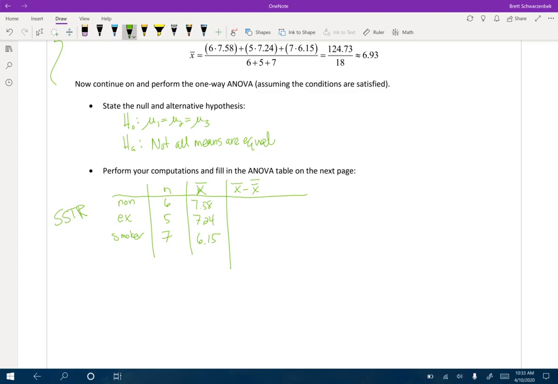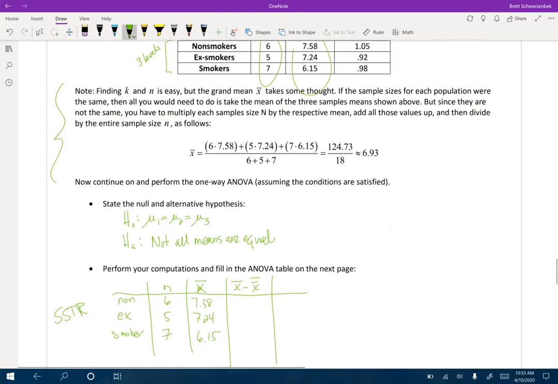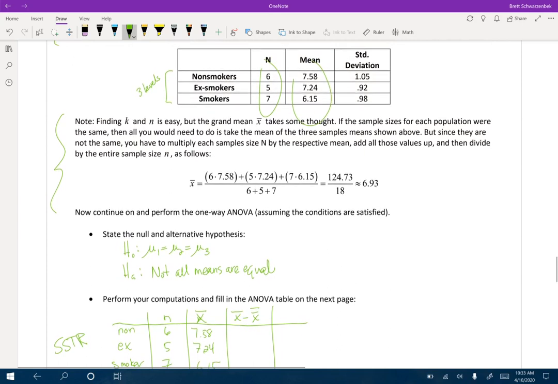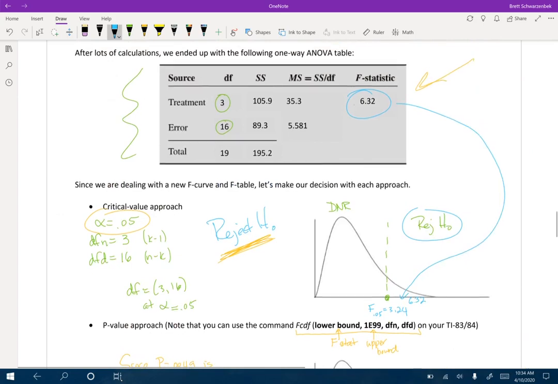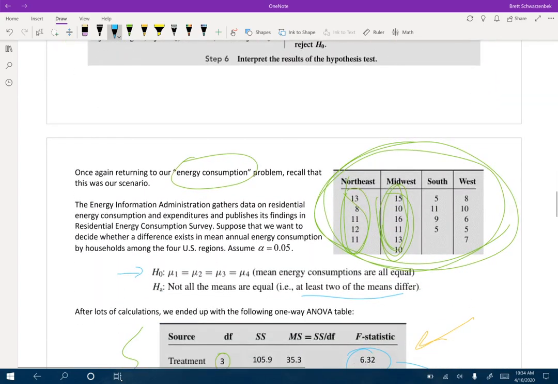Okay, so you'll notice that we don't have our grand mean. That's where this comes in over here. So our grand mean is missing. We don't know what that is. It wasn't provided, so we have to find it. Now, the grand mean, if you recall, in the previous problem, we actually added every individual value, all of them, added them all up and divided by how many there were.